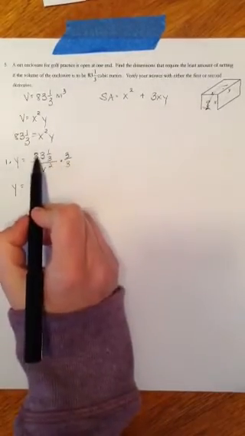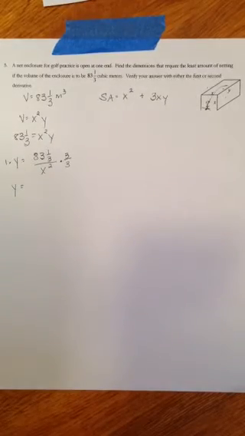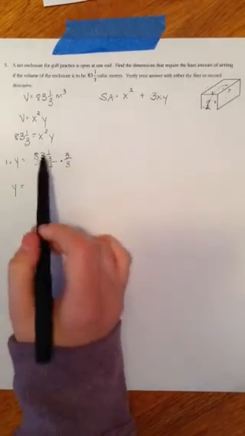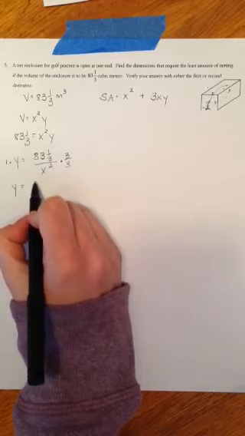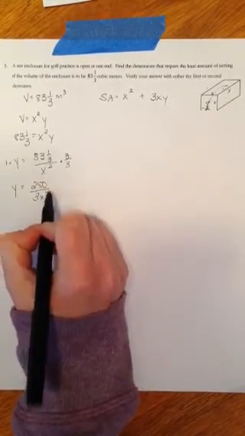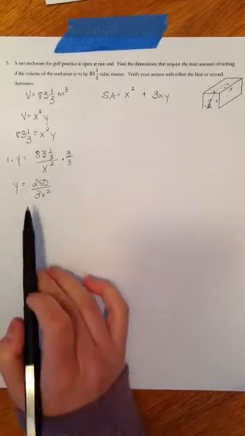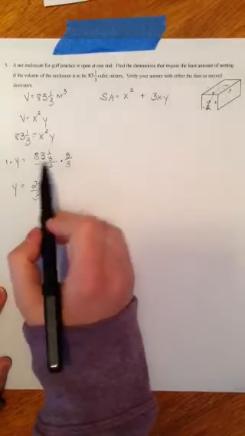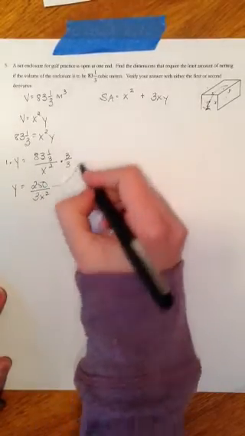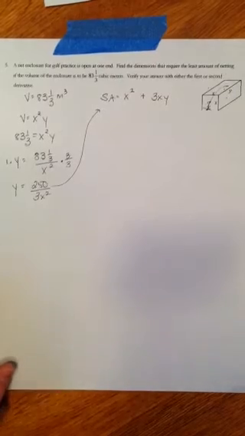When I do that, 83 1/3 times 3 is 250 over 3x squared. What do we think of that? Now that I have that, I got rid of that one little fraction. I can easily sub this in up here and get a formula for surface area with just x's.